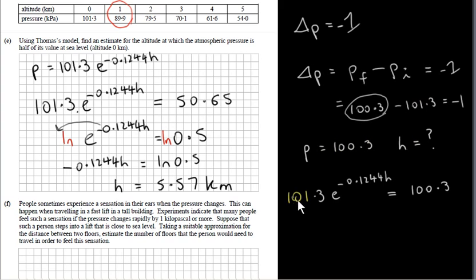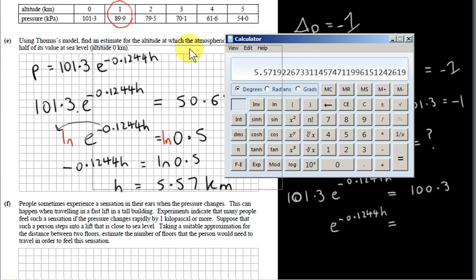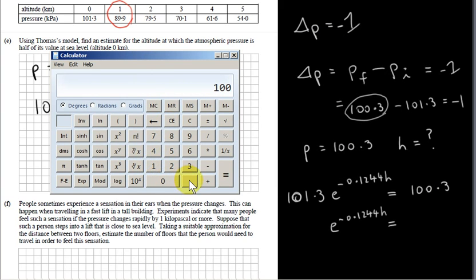So we want to find the height, the altitude that gives this pressure. So we use our model, which is this here. We set P equal to 100.3. We've got to solve to find H. So we divide across by 101.3. So we take 100.3, and the first step is to divide across by 101.3. So this is 0.99.